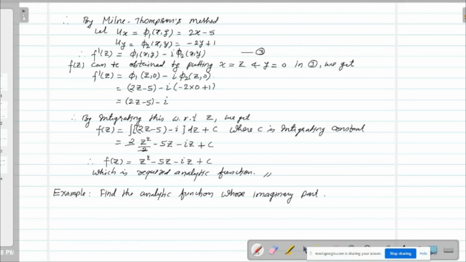That is, v is equal to cos x into cos hyperbolic function y. Okay, now let us move to the next page, then we'll solve this problem.